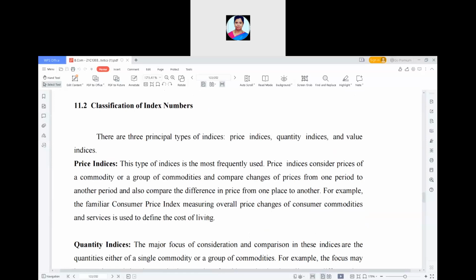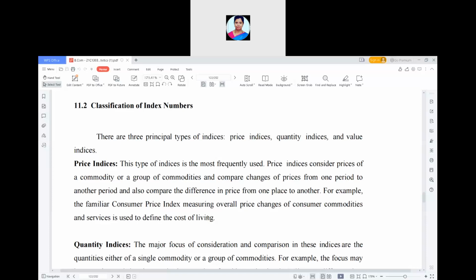Price indices consider the prices of a commodity or a group of commodities, and we do the comparison, comparing changes of prices from one period to another period. Usually we compare any two years for a commodity: one year we consider as the base year, another year as the current year, so it is from one period to another period.